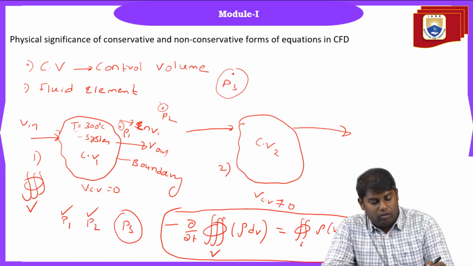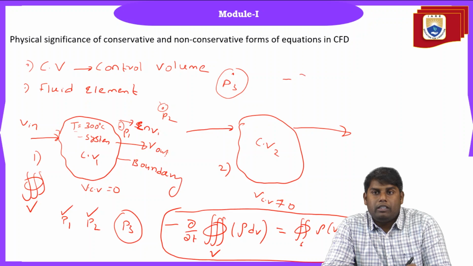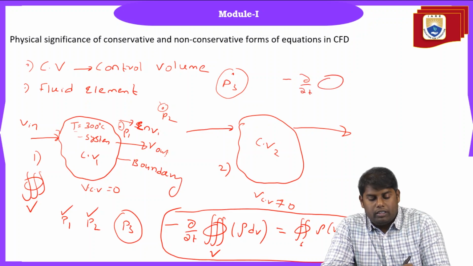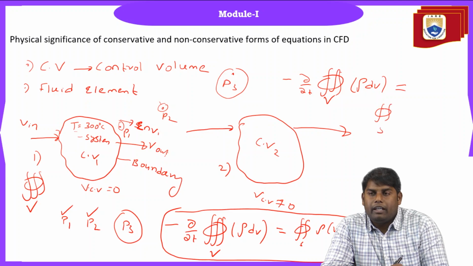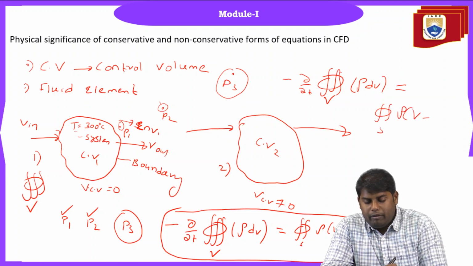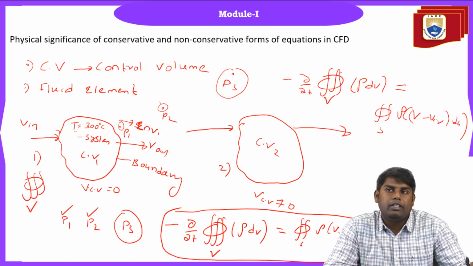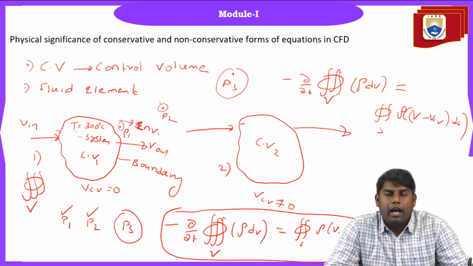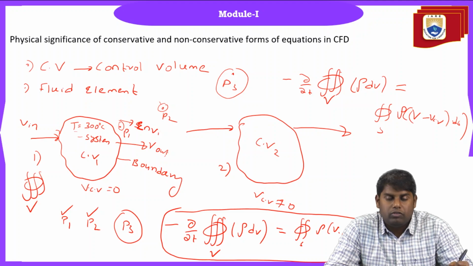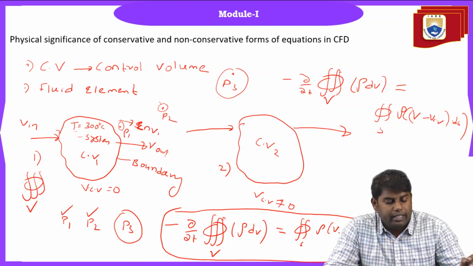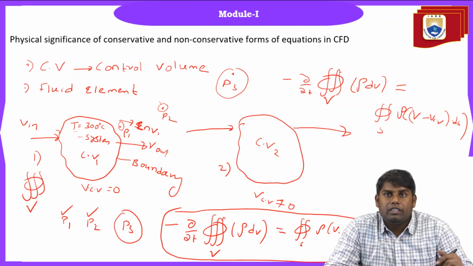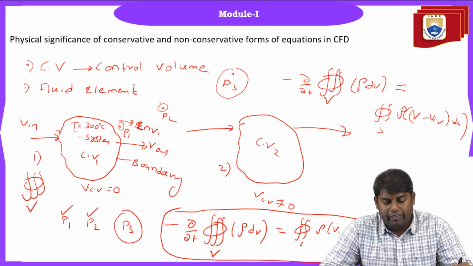So here the modified form is minus ∂/∂t of the integral ρ dV, which is equal to the surface integral ρ (V minus Vc), the relative velocity, dot dS. This is what happens for a control volume which is moving with the fluid. This is for the first entity and this is for the second entity.